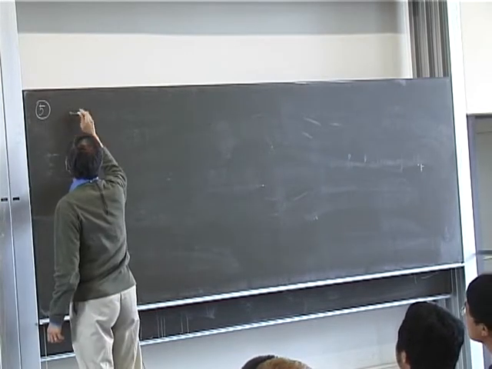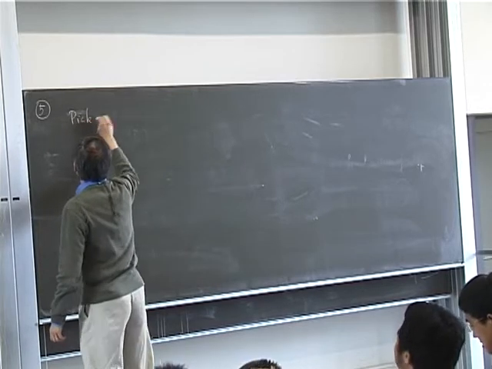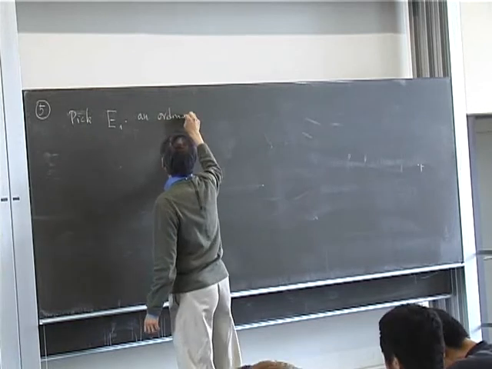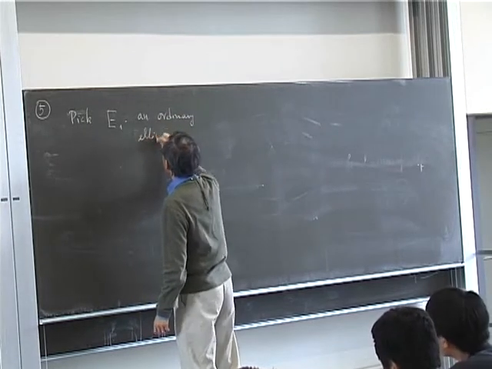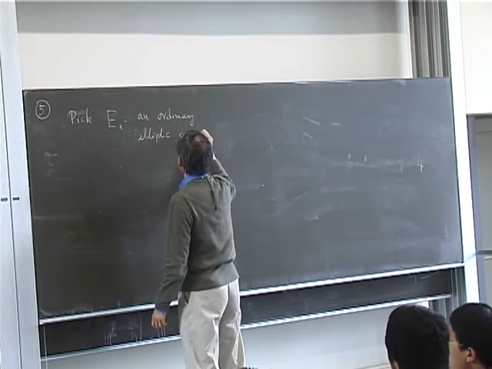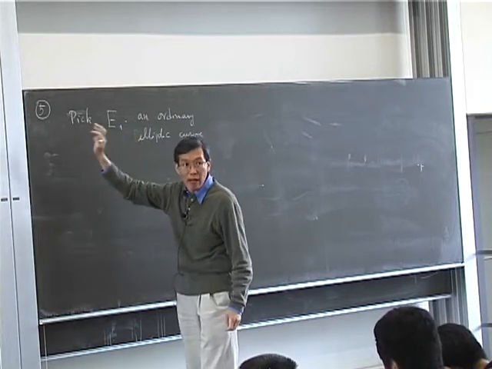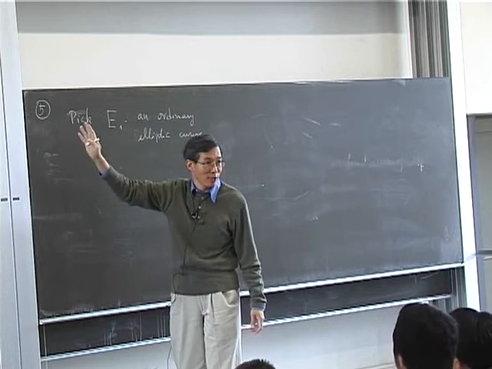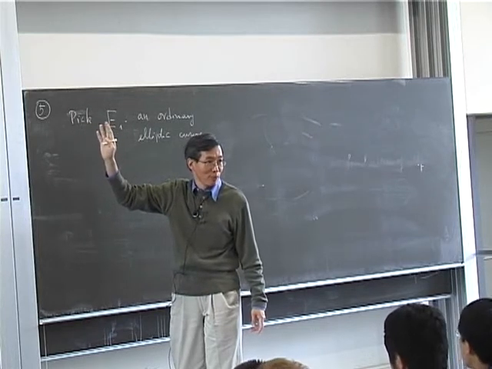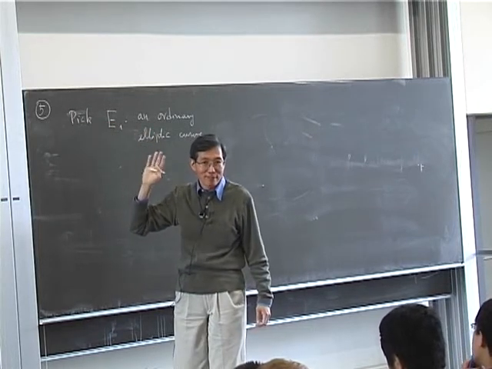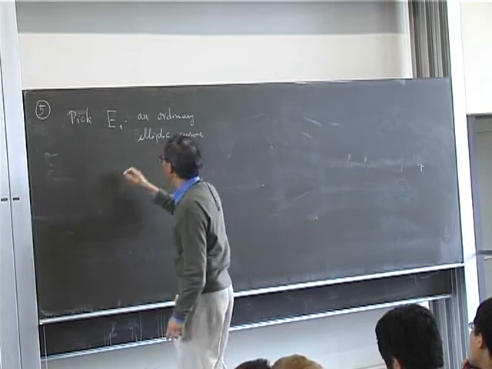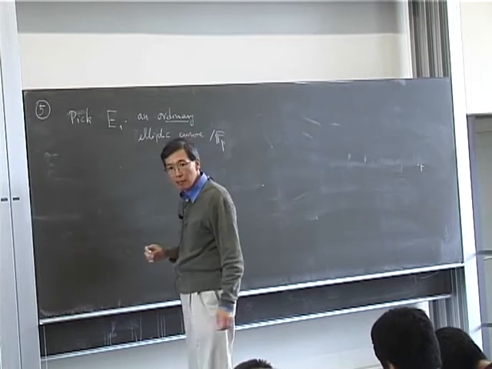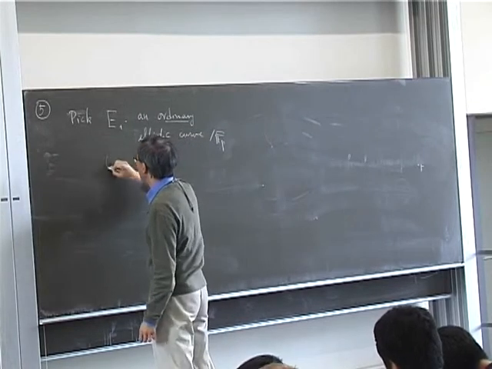I pick E1, an ordinary elliptic curve. I've used E, I'm conscious about that, but E1 is not a product of a totally real number field. E1 is an elliptic curve. I pick one, it's ordinary, and it's defined over F_p bar. Then I have a point.